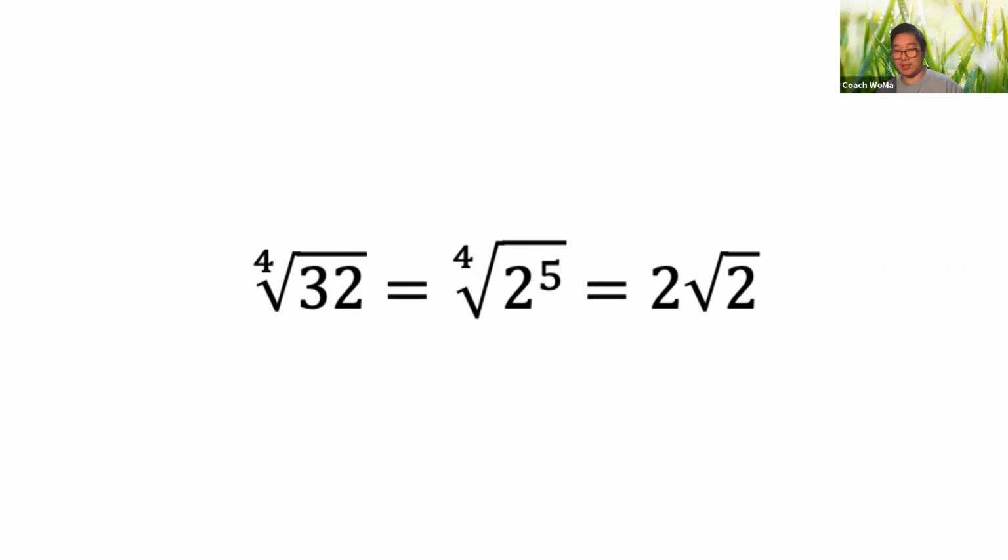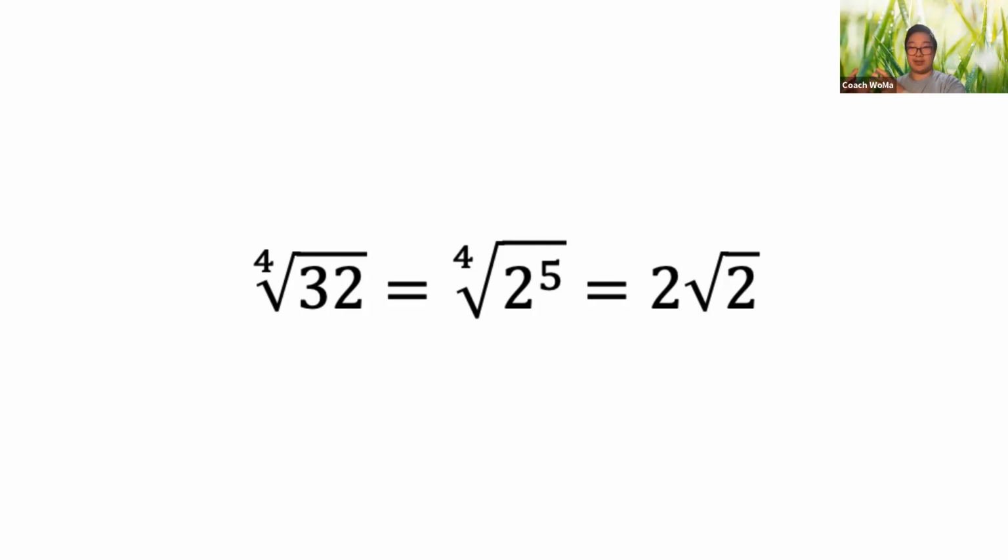But because it doesn't work evenly like our previous example, you can't just cancel out the 4 and the 5. So what some people sent me was 2 to the 5 fourths, and that's correct. But 2 to the 5 fourths is also 2 to the 1 plus 1 fourth. Or you can think of it like 2 to the 1 times 2 to the 1 fourth.